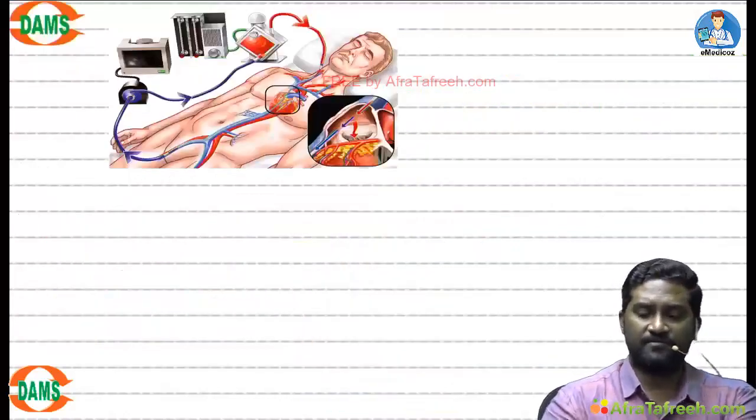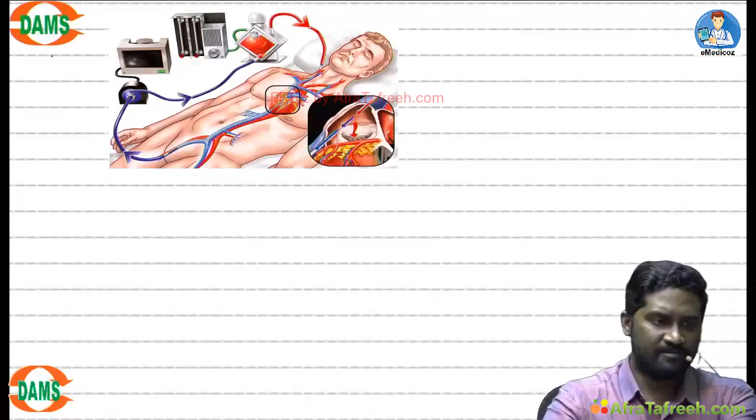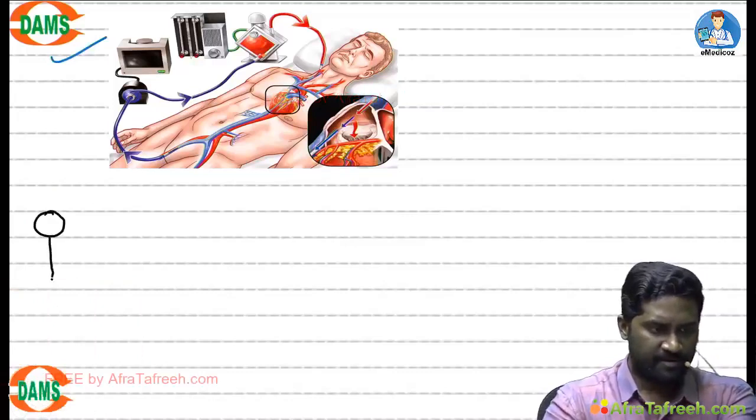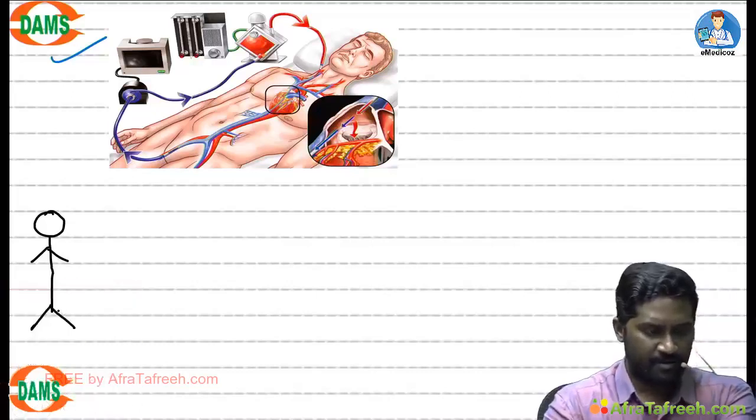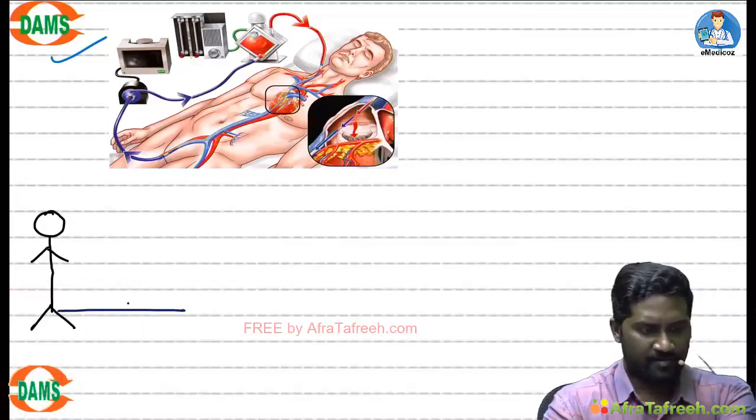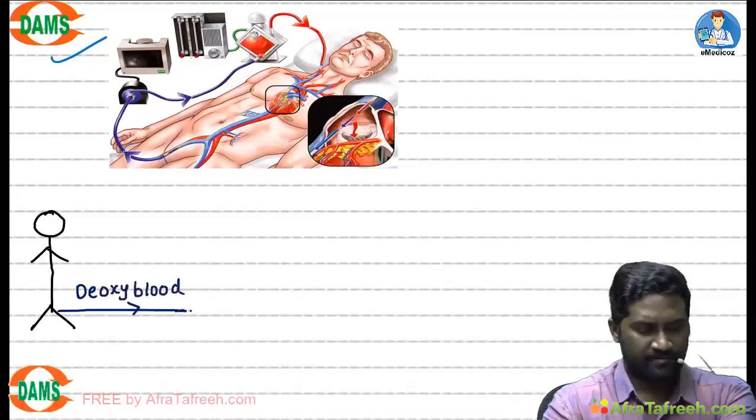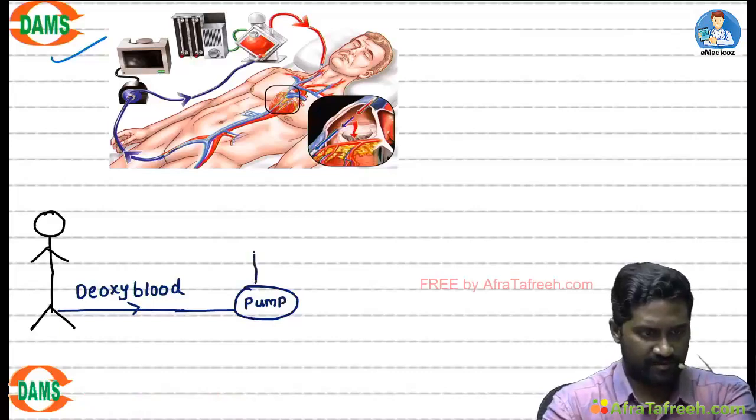So the first ventilatory strategy is this device. Now what do you see here? There is a patient here, students. From his body, deoxygenated blood is sent into a specialized machine.